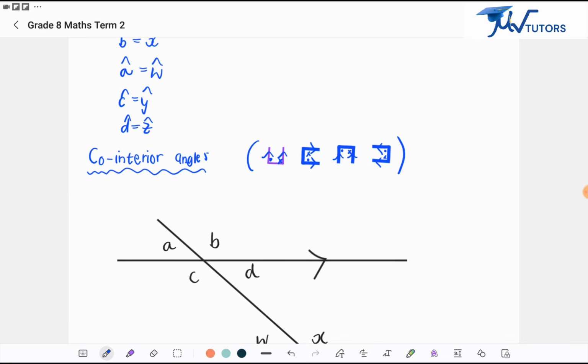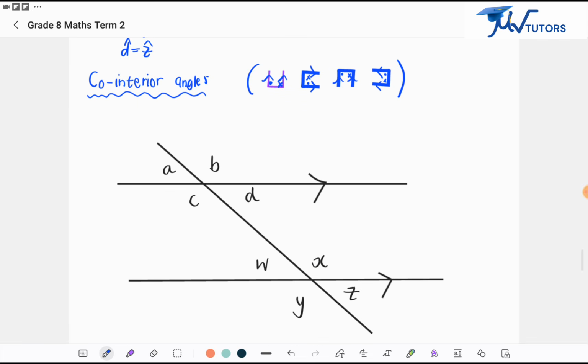Now what about the co-interior angles? We've already spoken about corresponding angles, that those angles are actually equal. What about co-interior? Will they be equal or what? Let's see if we can identify some co-interior angles before we get to what the angles actually are.